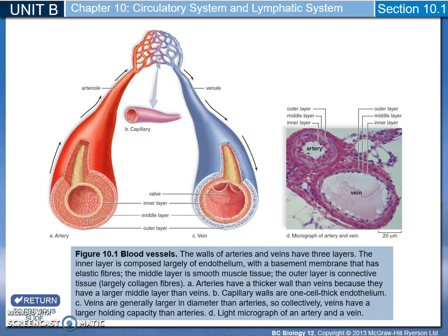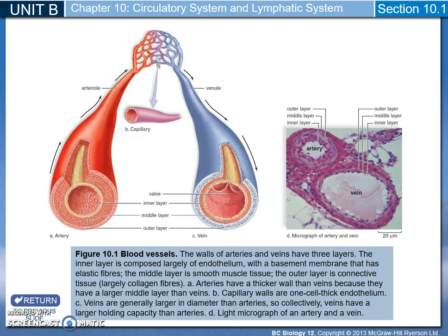I guess this would be just another diagram of the arteries and veins: arteriole, venule, capillary bed in between. And there's a light microscope micrograph of an artery and vein, and you can see the relative size of each. Arteries have a thicker wall, so they don't expand quite so much.